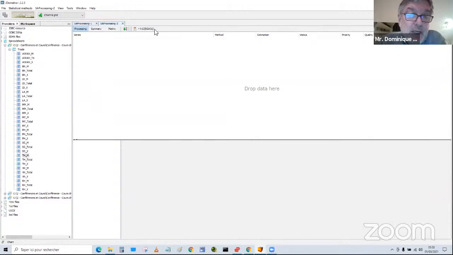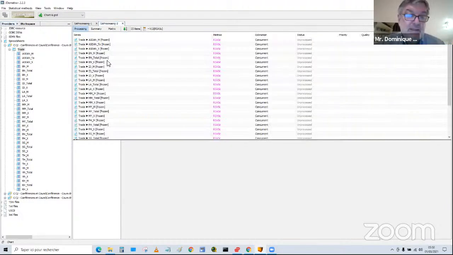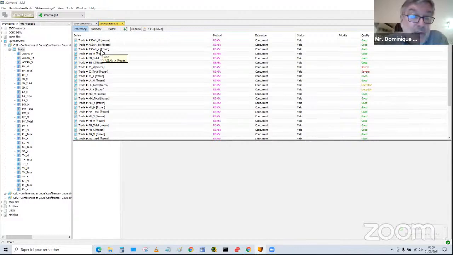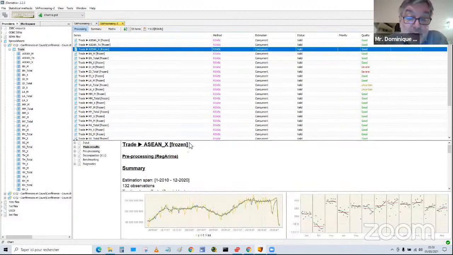I take the usual RSR5C, the one I take for monthly data. I will put all the trade statistics in it and run it. It's done. So now I can go, for example, to exports, ASEAN exports.